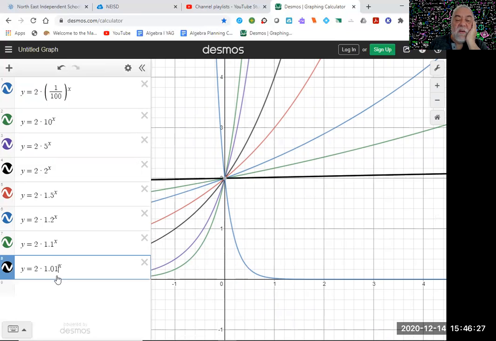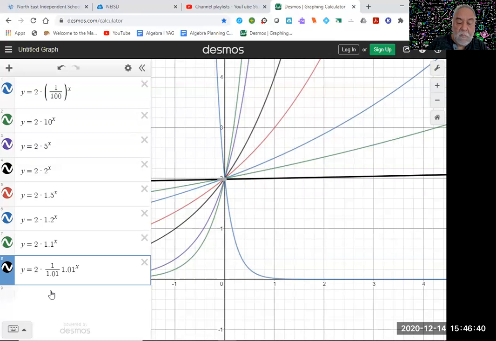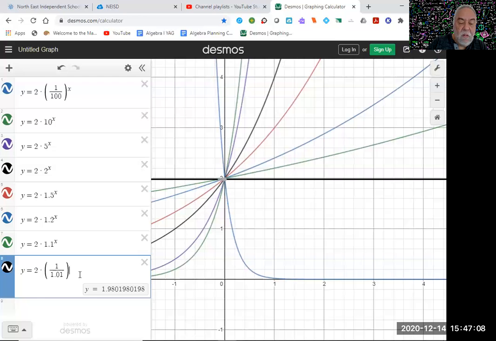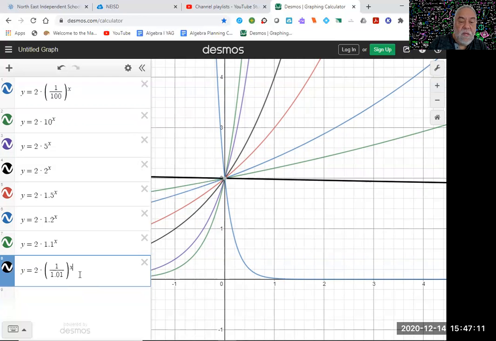And if I change this one here to 1 over 1.01, put the parentheses right here, to the x power.